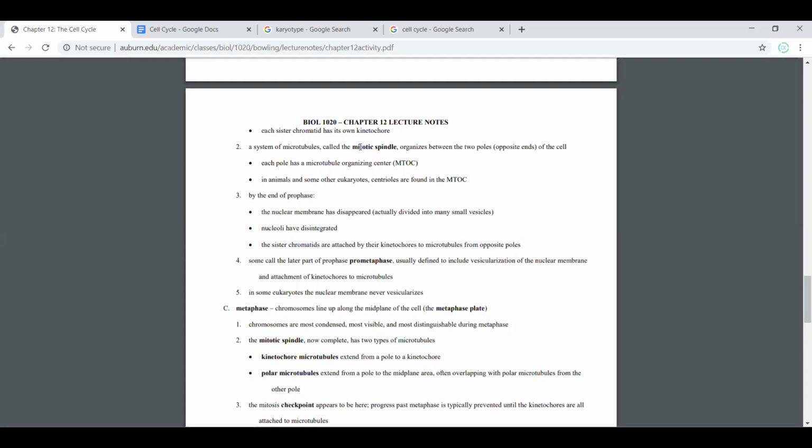What they contain is called a microtubule organizing center, and the function of this is to grab onto the chromosomes and pull them back to their own side. We'll talk about that later, but just know that microtubules are what's moving everything around to the separate sides during this cell division.